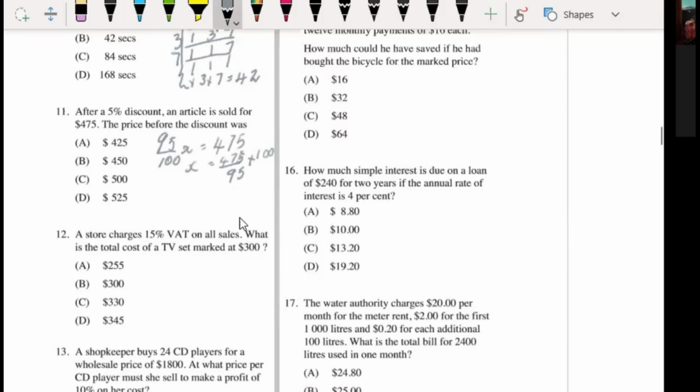And this goes into this 5 times. So the answer now is 500, which is C.